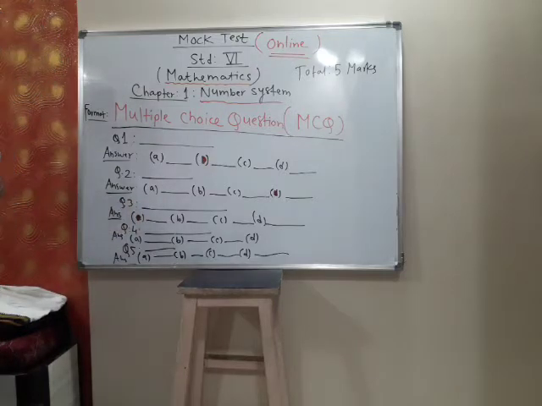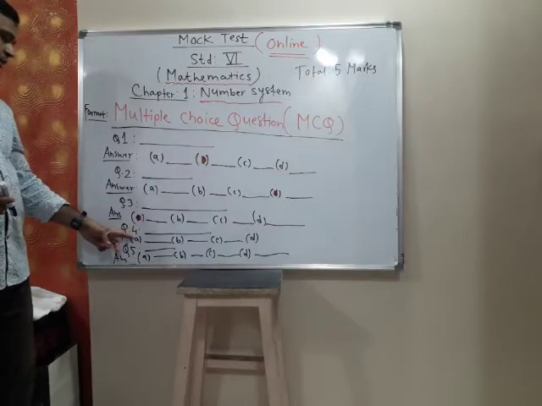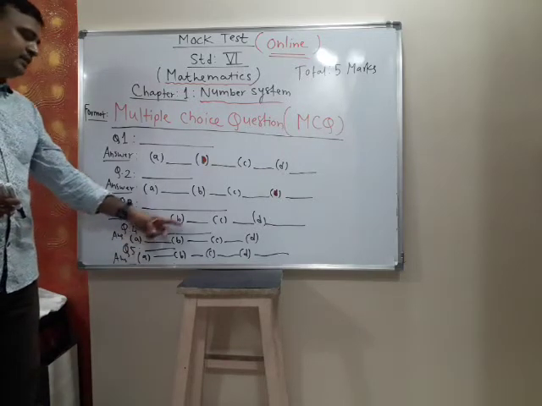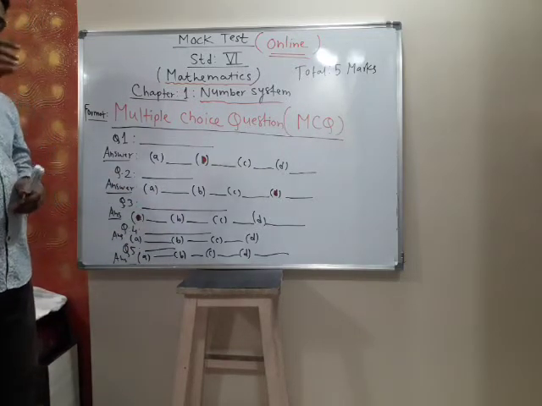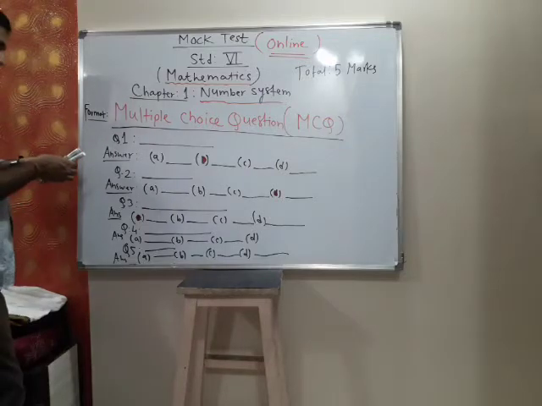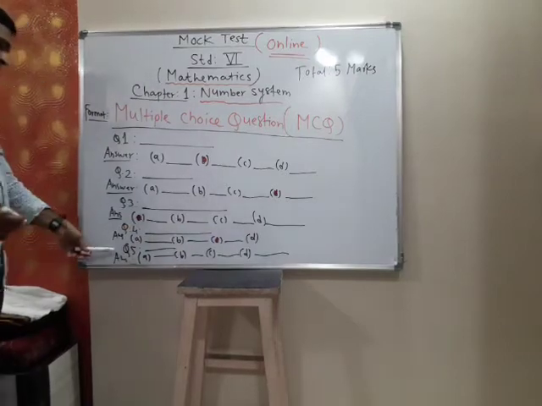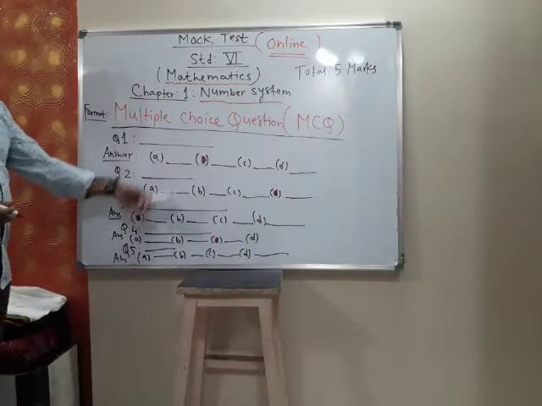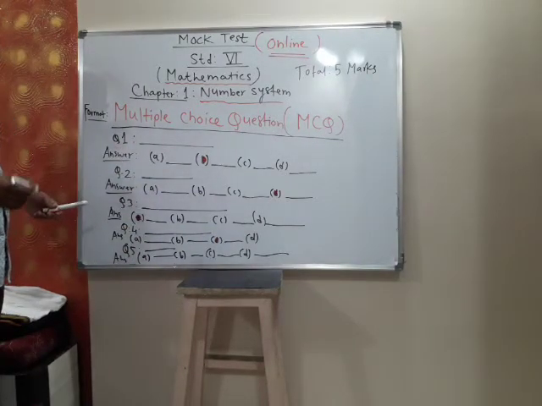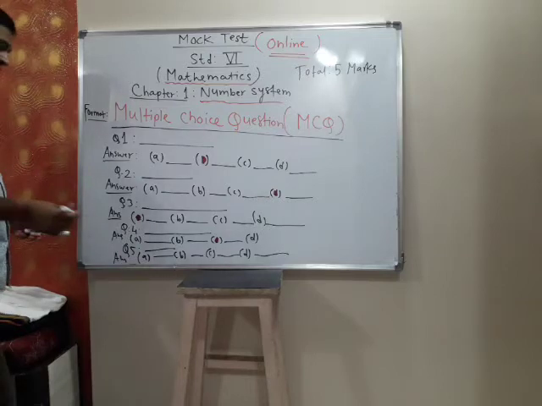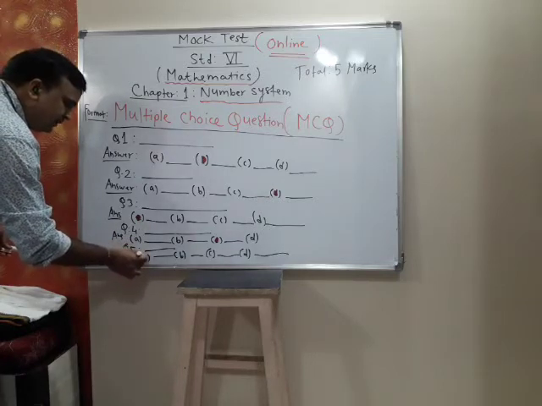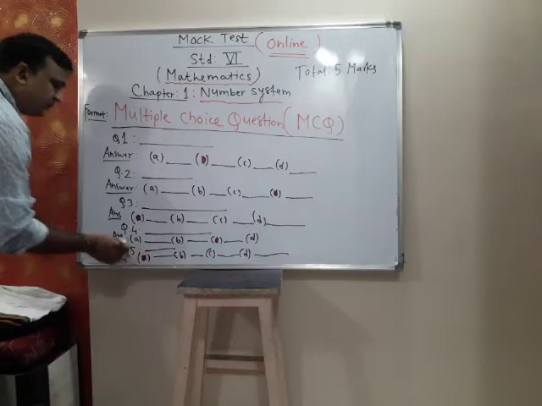Then similarly you will read question number 4, again 4 options, A, B, C, D. Suppose C is correct, I will click C. And for question number 5, again 4 options will be there. You read the question and find the correct option. Suppose A is correct, I will click it.